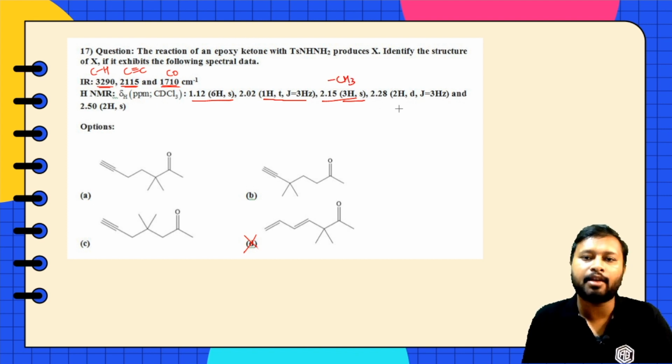All right, that is fine. Then you have 2.28, a 2 hydrogen doublet with J equal to 3 Hz. That means that this peak and this are coupling with each other.